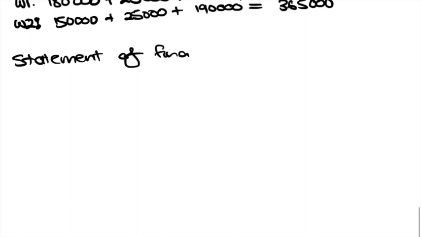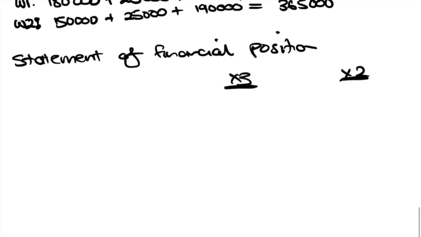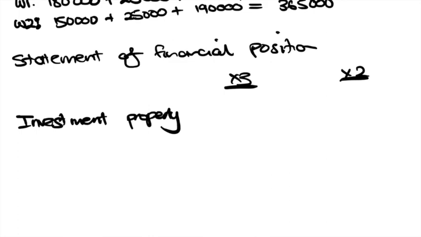Cool. Now, the next statement we can move on to is the statement of financial position. Again, I've got my comparative periods over there. On the statement of financial position, for this investment property, the only thing we expect to see is our investment property, and the carrying amount of our investment property in X3 is going to be 1350, and in the prior year it's 1240.